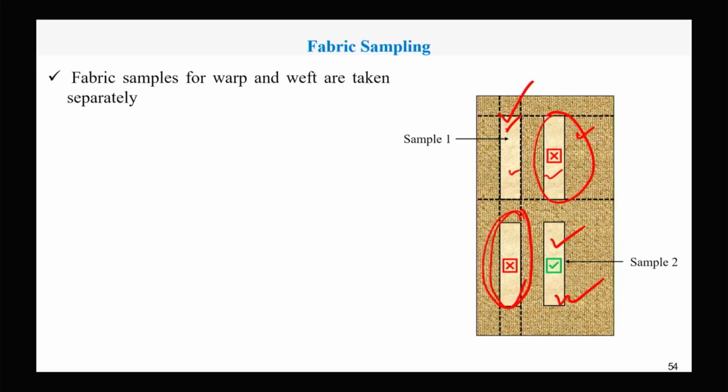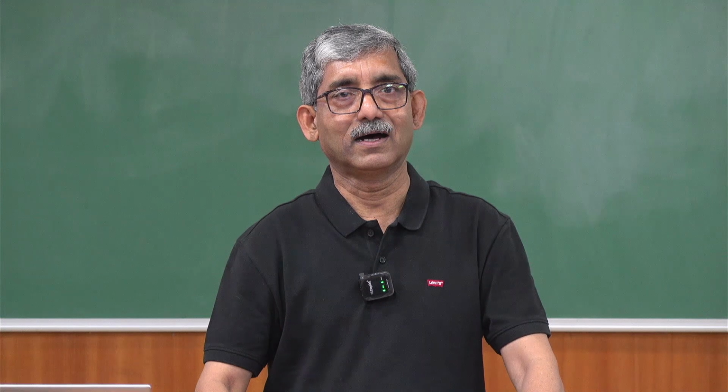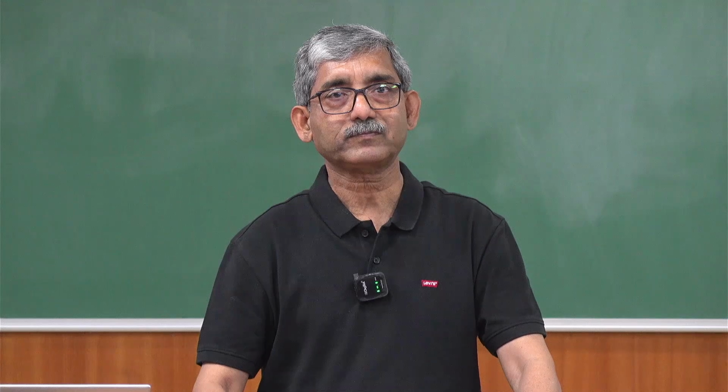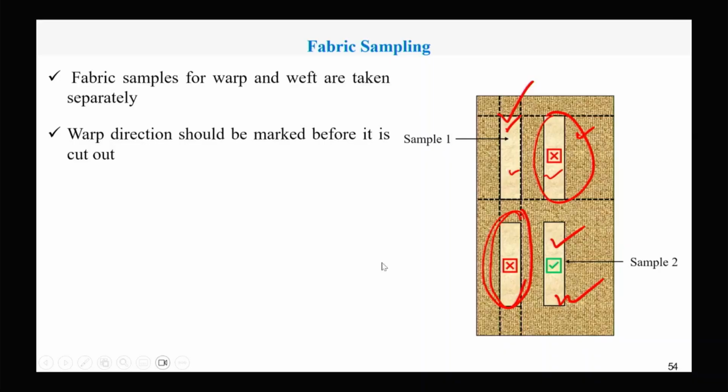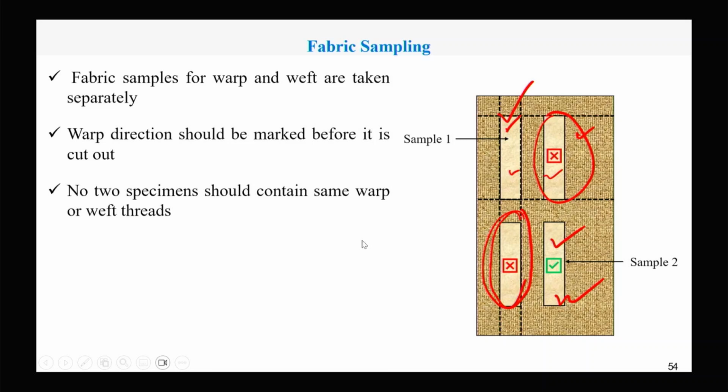So in this way we can take fabric samples. Warp direction should be marked before we cut. These are the steps. No 2 warp specimens should contain the same warp or weft. So no 2 fabric specimens should take the same warp and weft. We have to take that care.